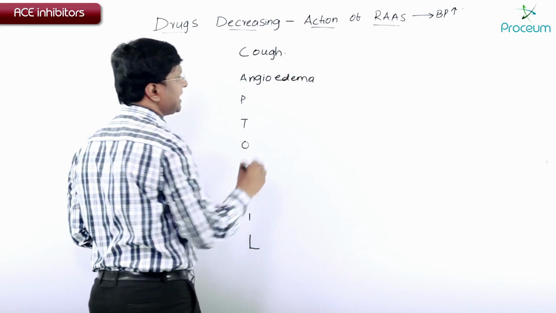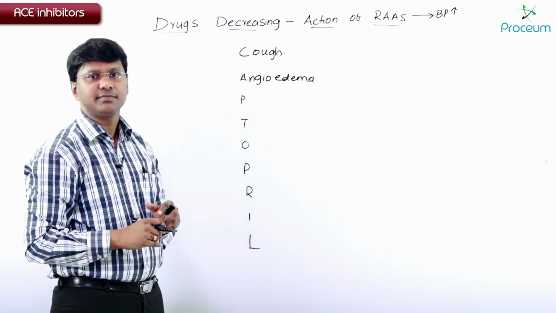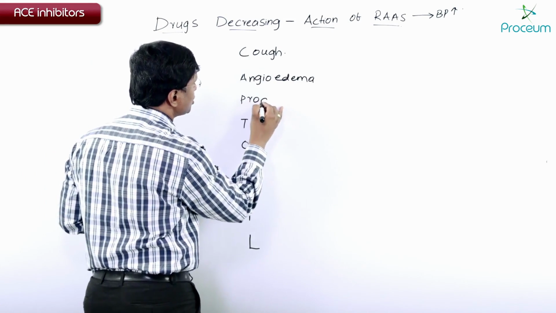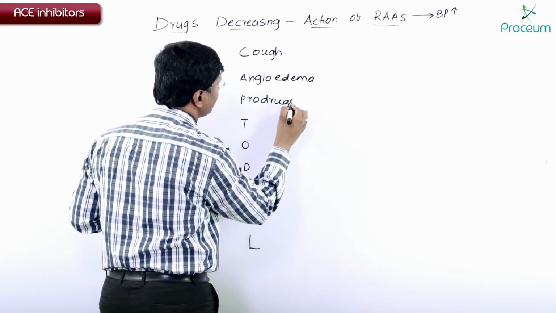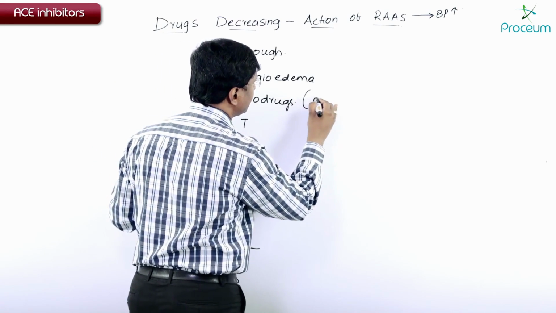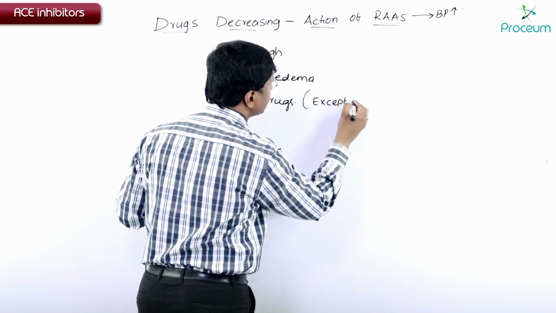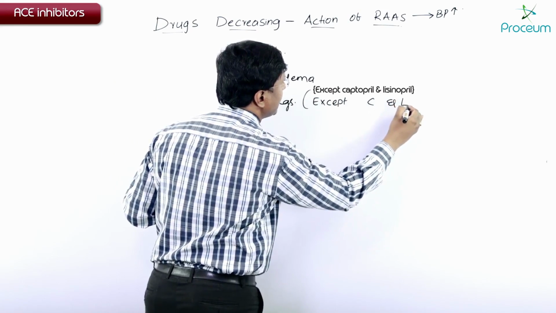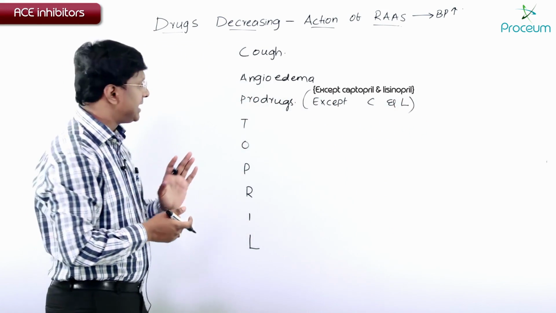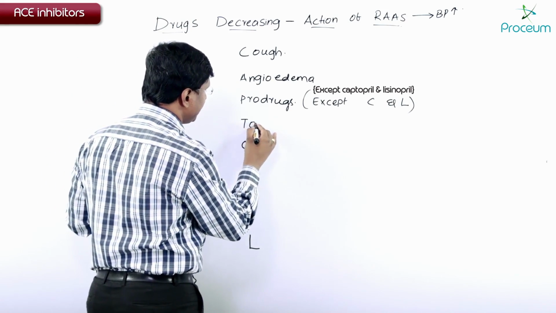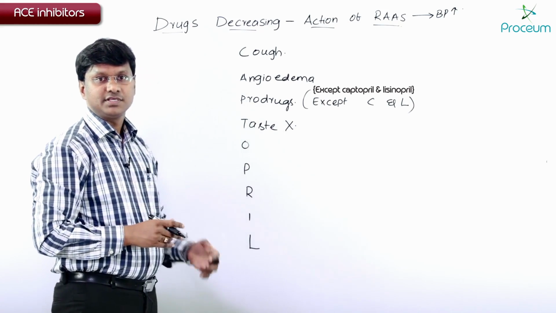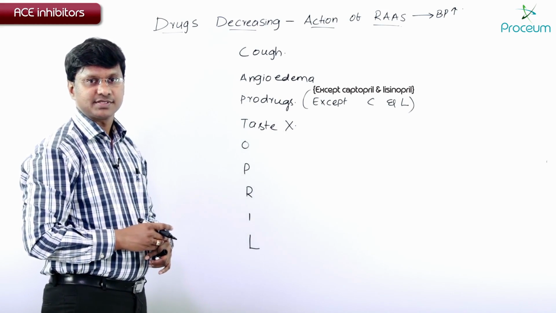Both of them, cough and angioedema, are mainly because of increase in bradykinin levels. Next, P stands for prodrugs. Most of these drugs are prodrugs except captopril and lisinopril. And remember, these drugs will cause taste disturbances.